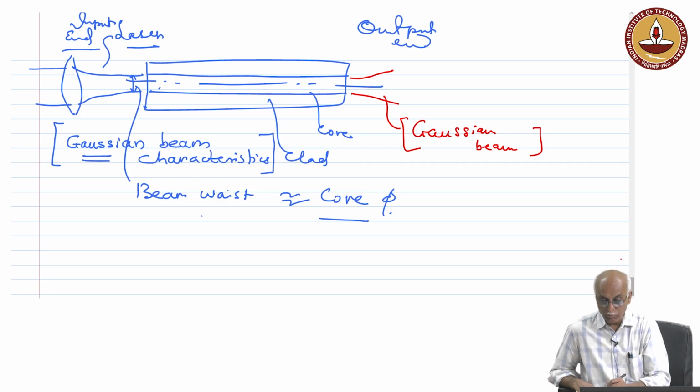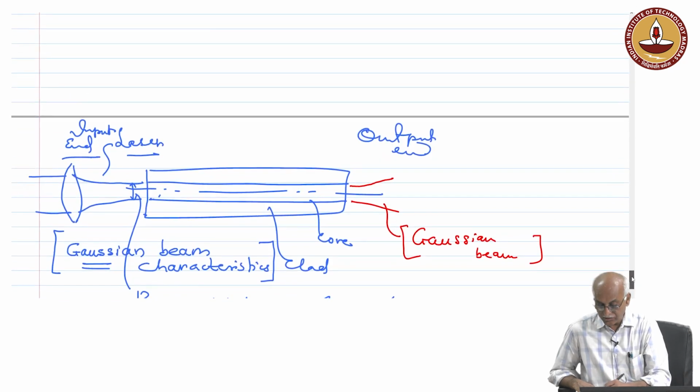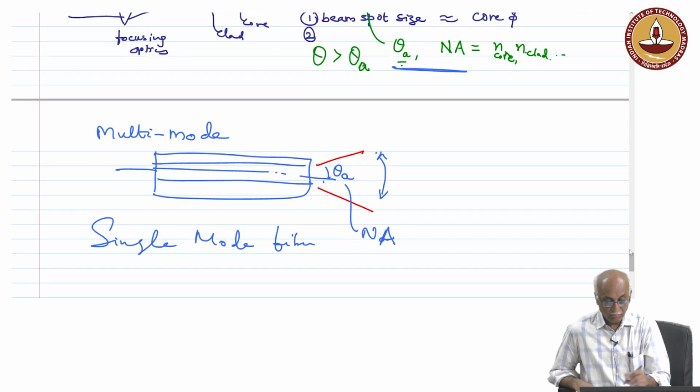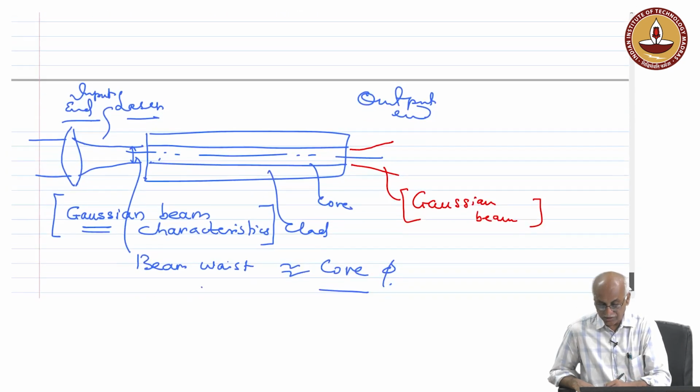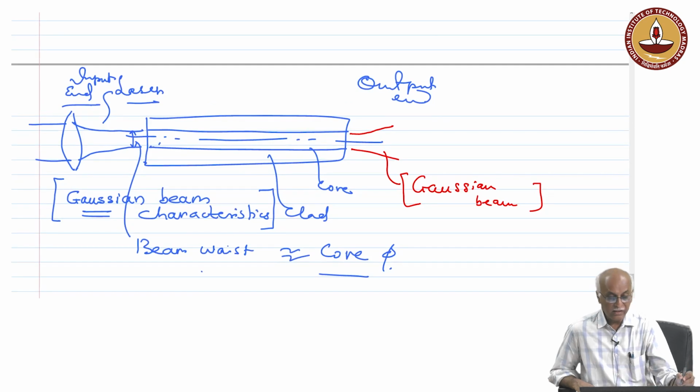In case of a multimode fiber, the divergence angle is decided based on the numerical aperture of the fiber. In case of a single mode fiber, and if we are using a laser beam as an optical source, at the output end the laser beam will of course diverge.